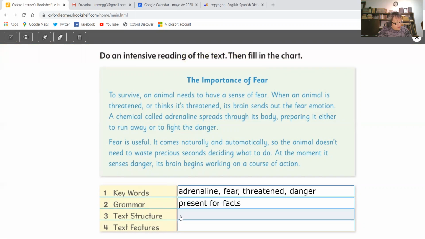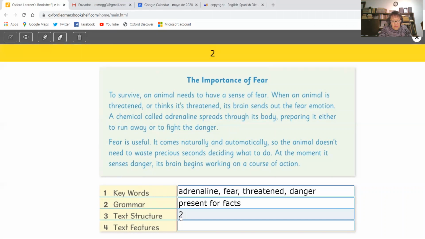The text structure. Okay, the text is divided in 2 paragraphs. Number one talks about fear response.